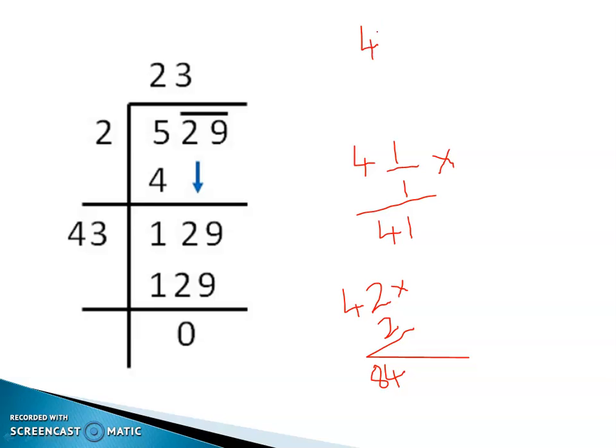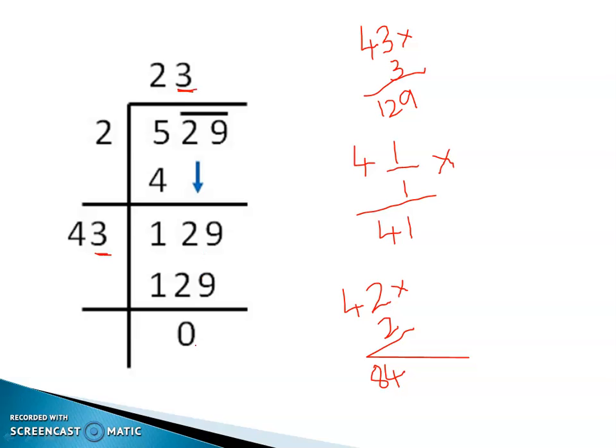Whichever number I am writing here, I will multiply it with the same number. 43 into 3. What will I get? I will get 129. Yes, I got the number which I want. That is why I put 3 here. The same number I will put here also. 43 into 3, 129.